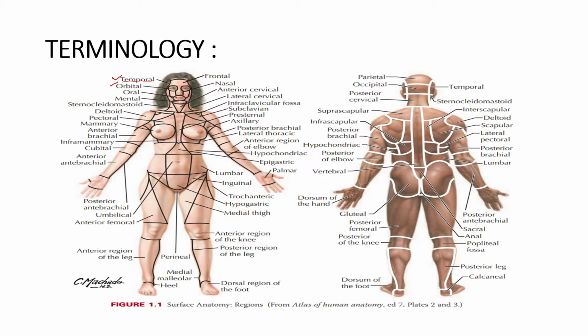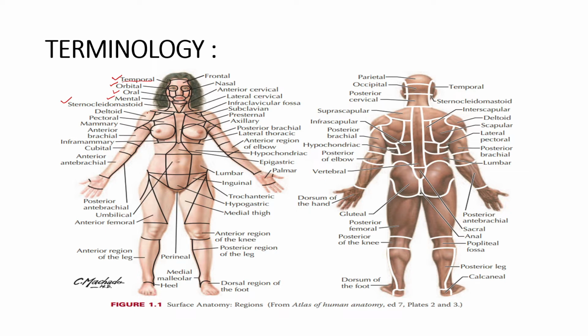Now everybody knows that the mouth region is called oral. Mental means this region is called mental. In this region, it is called sternocleidomastoid. This region, the side portion of the neck, is called sternocleidomastoid. Next comes the muscle portion.